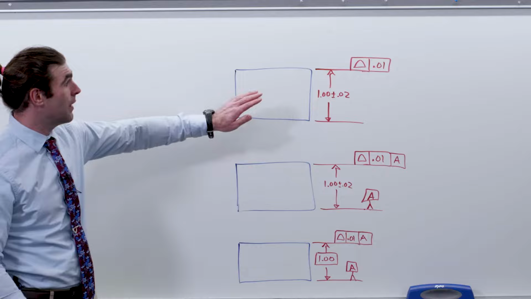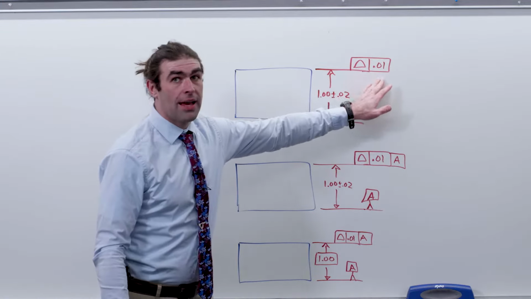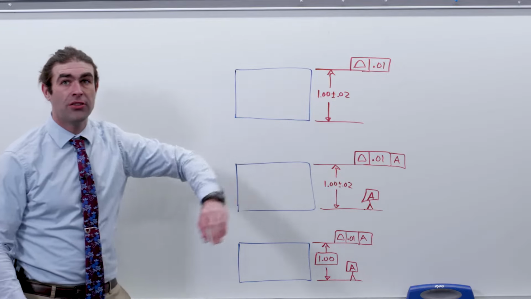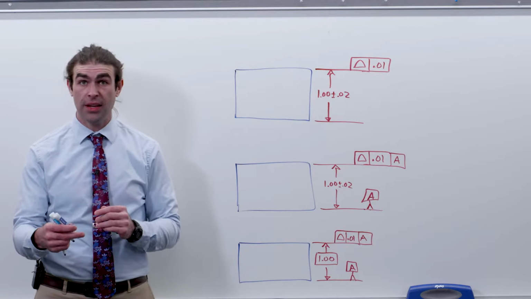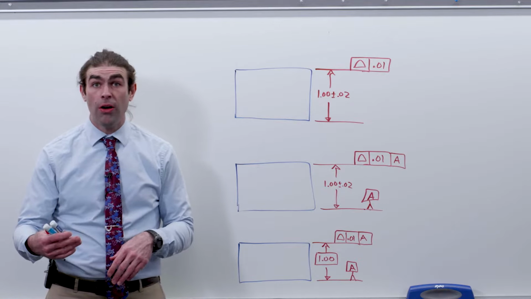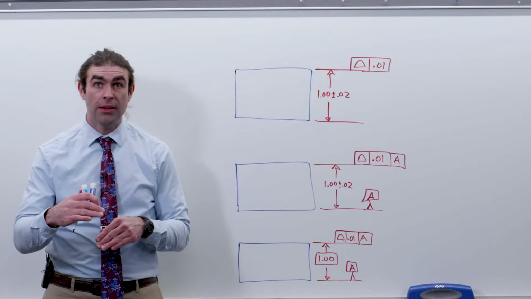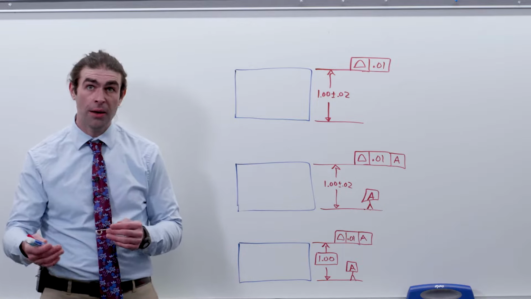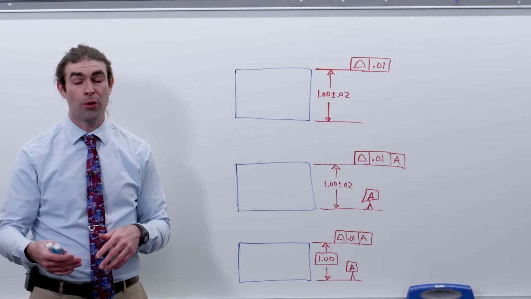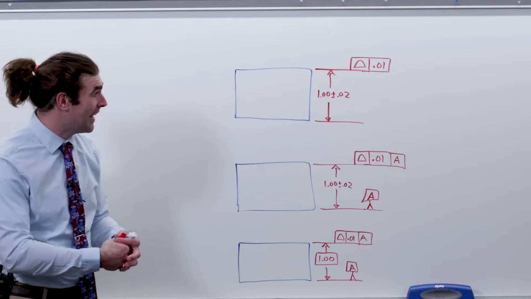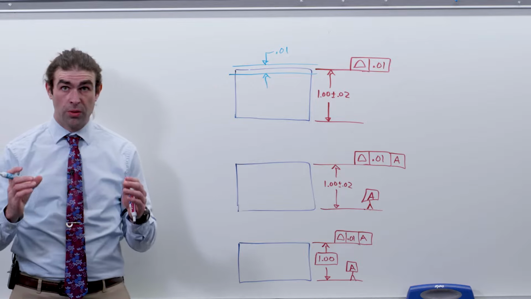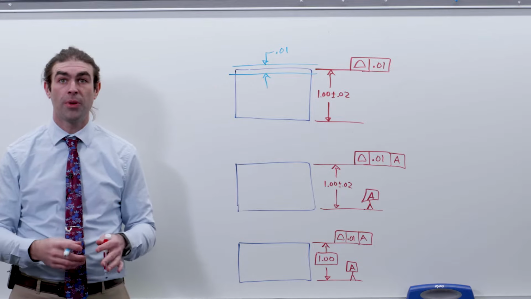All right, so the first one, we've got a profile, 10 thousandths applied to a flat surface with a size dimension locating it. In this instance, profile does the same thing flatness does. If you recall, a flatness tolerance is two parallel planes in which the surface of the part must lie between. The profile tolerance zone is worded different, okay? It's perpendicular to the true profile at every point, but what you end up with in either case is a zone of 10 thousandths in which the surface of the part must lie.